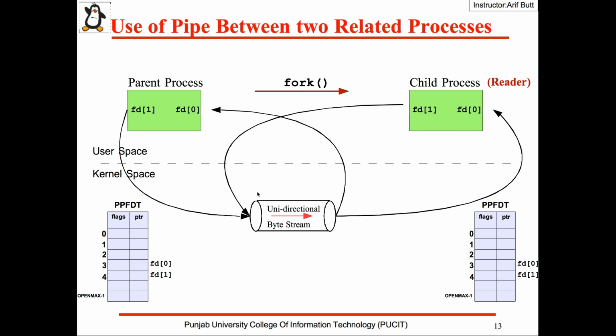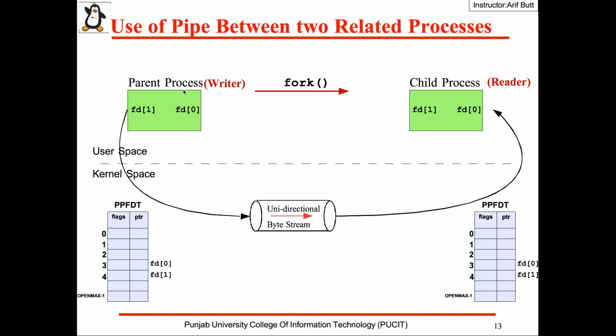So we better close this FD4. Similarly, the parent process is the writer process, so it will write using this FD4 to the write end of the pipe, and it doesn't require this connection. So we'll close FD sub 3 in the parent process.